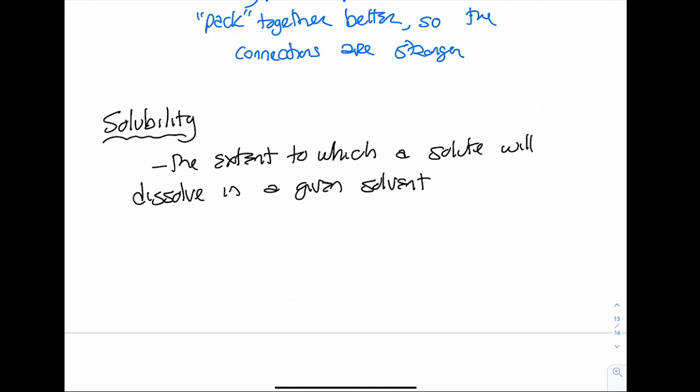Water is my solvent. So when we're talking about solubility, we're essentially saying how much solute will dissolve in that solvent. If a lot of it will dissolve, I would say it has a high solubility. If not much dissolves, then it has a low solubility. And this is where that "like dissolves like" comes in, also going back to our 130 days.